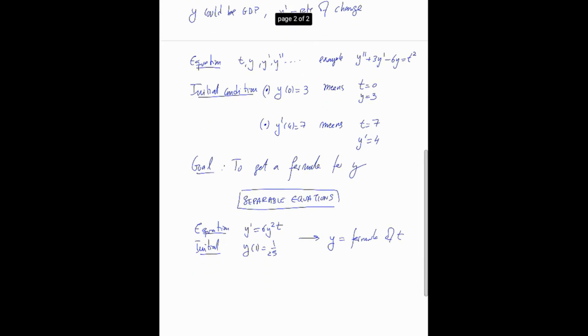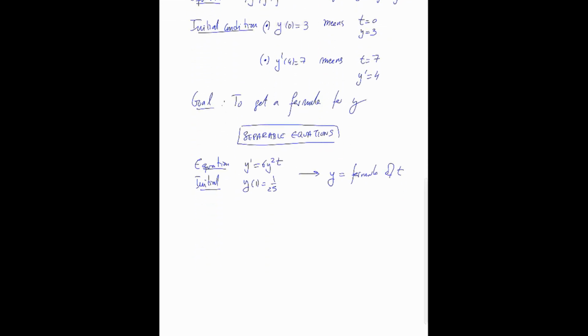Okay, so it's standard in this type of notation, y prime means the derivative of y with respect to t, so it's written like this. So our equation y prime equals 6y squared t gets written like dy over dt equals 6y squared t.